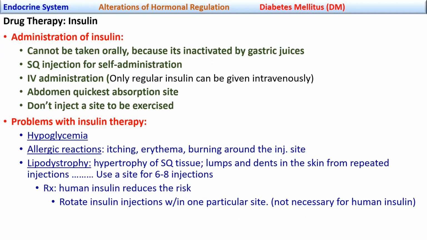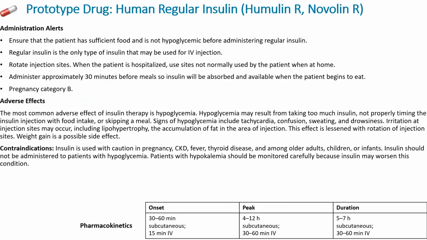So the rapid acting, just one of the educational tips and also nursing implications for rapid acting versus short acting. The rapid acting synthetic insulin analogs, like Lispro, Aspart, Apidra, have an onset of action of approximately 15 minutes.